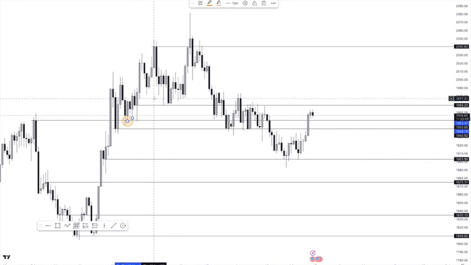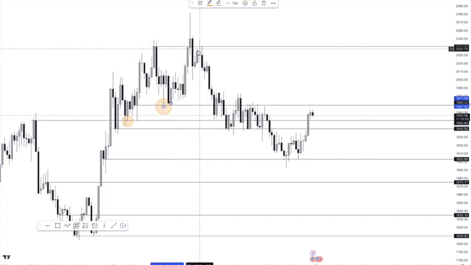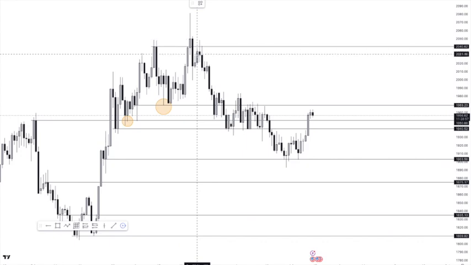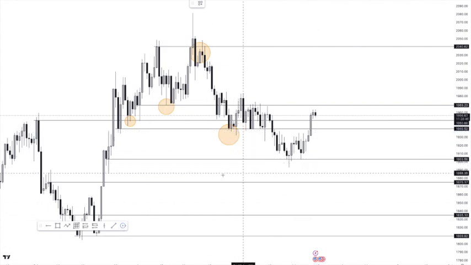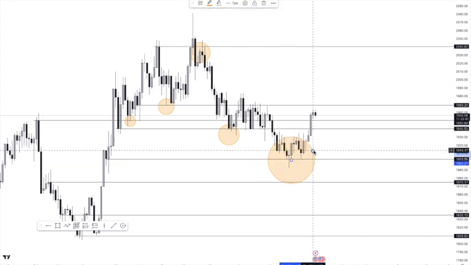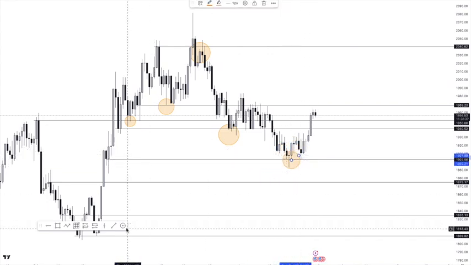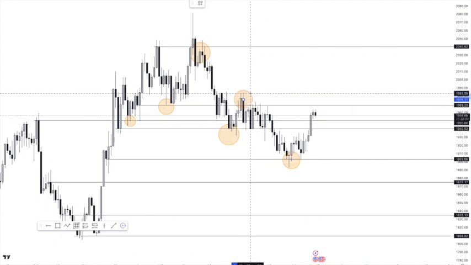You can see how price has been reacting in these areas, and here, and here, and also here, and here also. And we have here also.